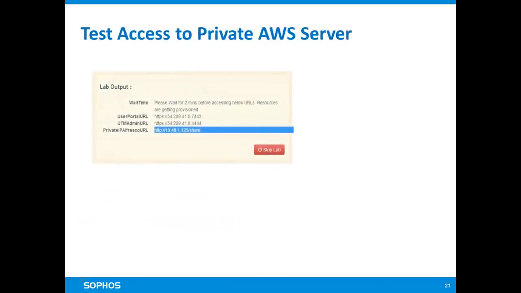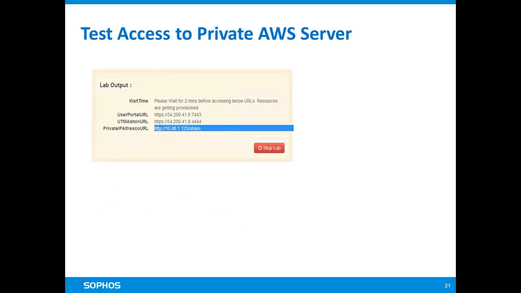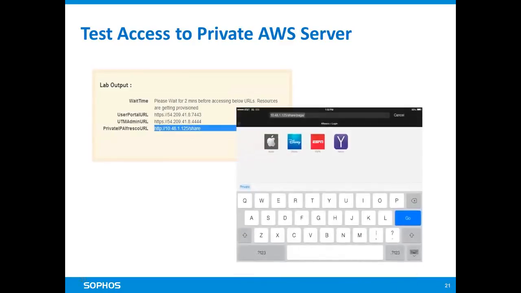And the way we have it set up is that at that point you're able to simply connect through the UTM and through this VPN connection to that private application server. So to test connectivity, you would simply just take that private URL and from your iOS device, bring up the web page. So that'll show you how simple it is for users to be able to install and connect with one of these VPN clients.